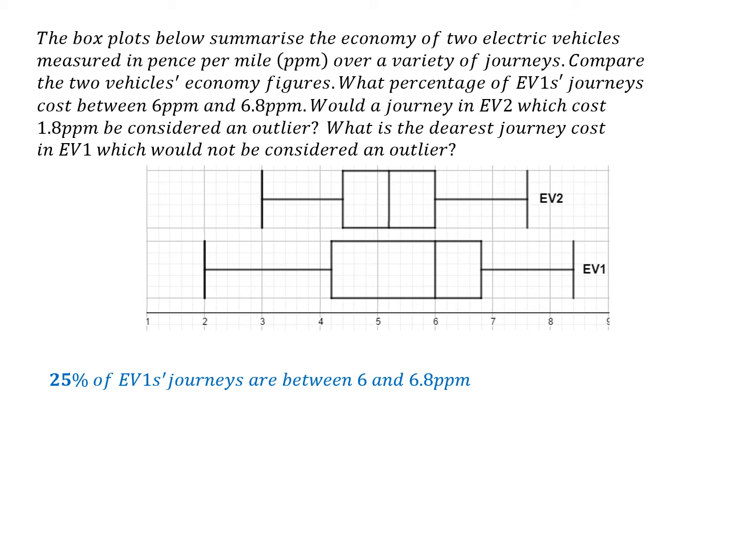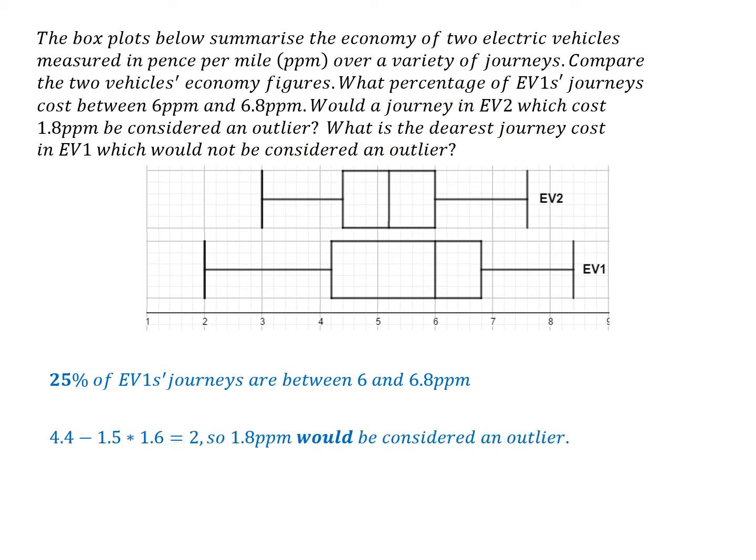So for this last part, or last two parts, would a journey in EV2, which cost 1.8 pence per mile, be considered an outlier? So this is EV2 here. An outlier is anything which is, 1.8, we're down here somewhere, below the lower quartile minus 1.5 times the interquartile range.